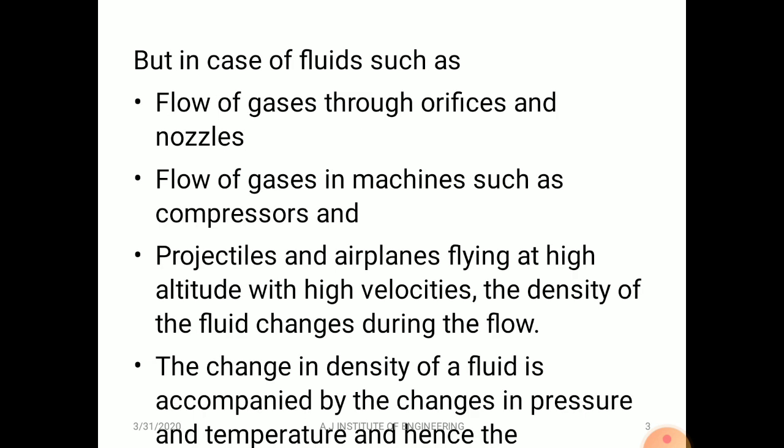But in case of flow of gases through orifices and nozzles, which are devices used for measuring the flow, we are going to discuss nozzles and orifices in third module. So next, in case of flow of gases in machines such as compressors and projectiles and airplanes flying at high altitude with high velocities, the density of the fluid changes during the flow. The reason for change in density is due to change in pressure and velocity.